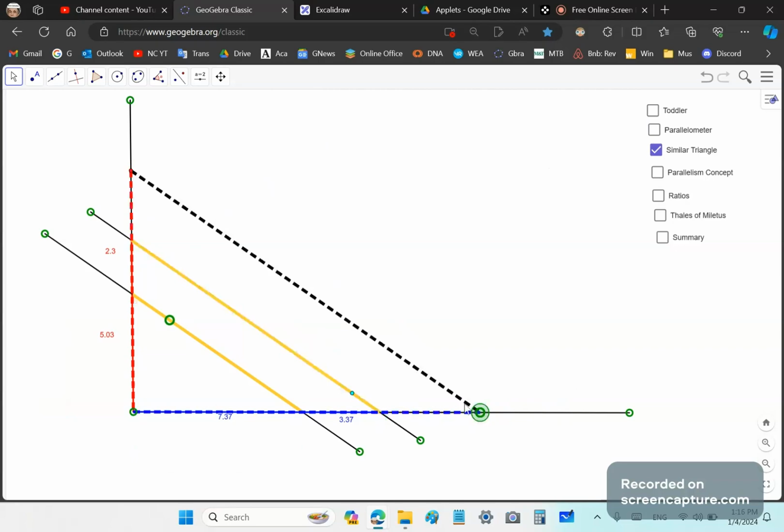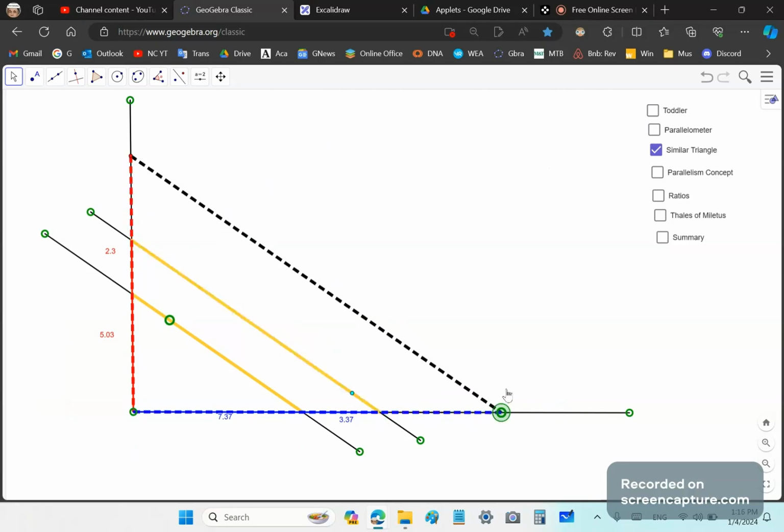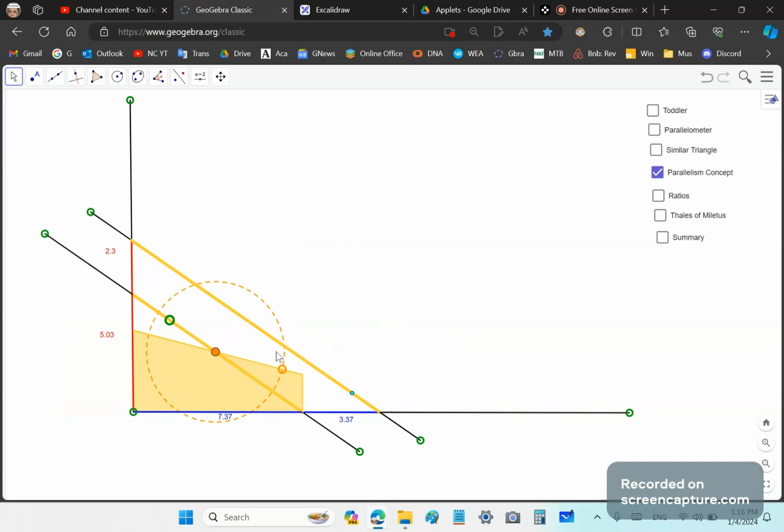And then ultimately, you want to teach the parallelism concept. The way to do that would be to show that any line different to this gold line, where the hand is pointing, will not have the same shaded area.